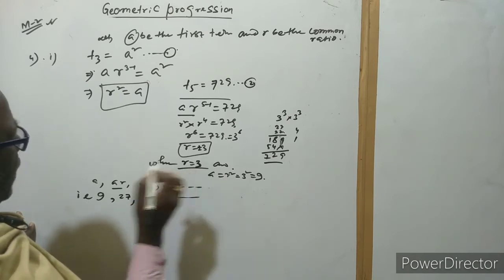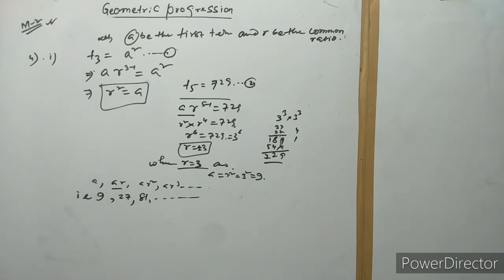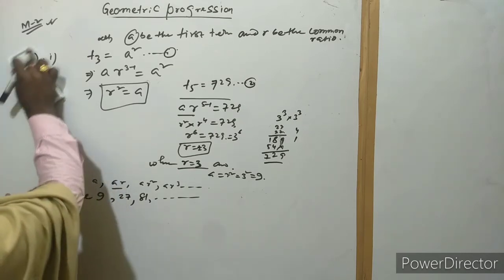Like that we can find the series here. Okay, this is the geometric progression, which was asked in the question. See, this is your answer. And now we have to proceed to the next question, a very interesting question here.